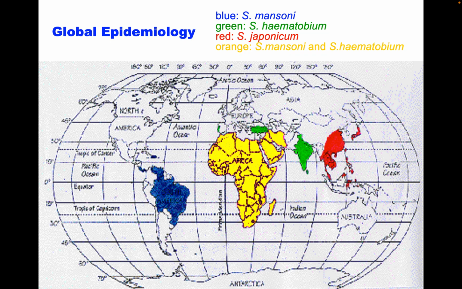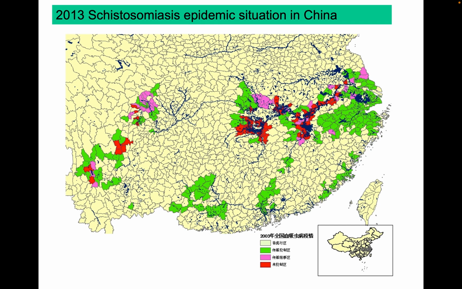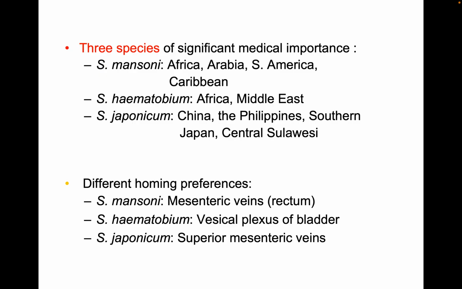This is another map showing different colors, and the different colors indicate different species and in which areas of the world. And this is a part of the China map, showing the 2013 schistosomiasis epidemic situation in China. The 3 species of medical significance can be found in different parts of the world.